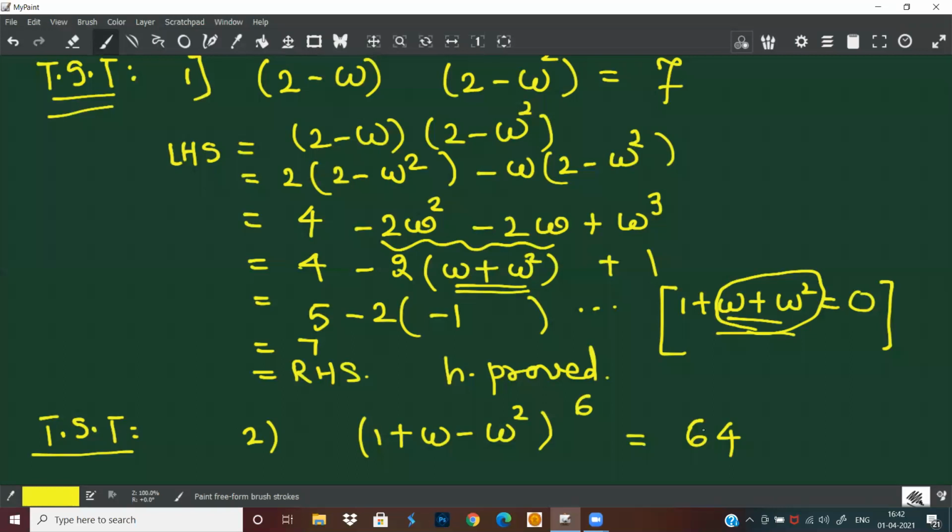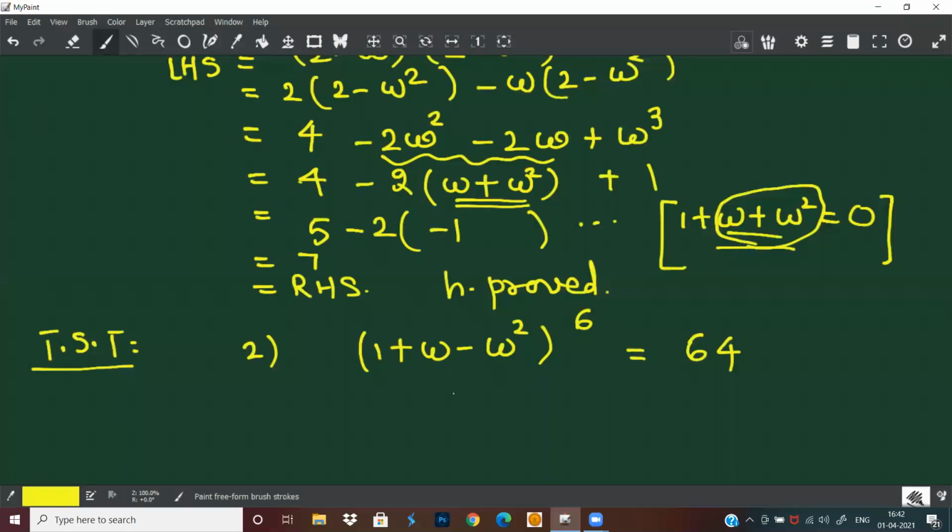This one is easy. Are you trying? Superb. Somebody is saying it right. 1 plus omega square. Yes, doing very good.